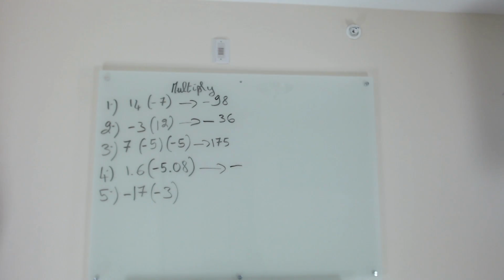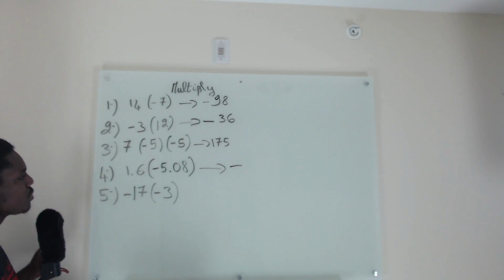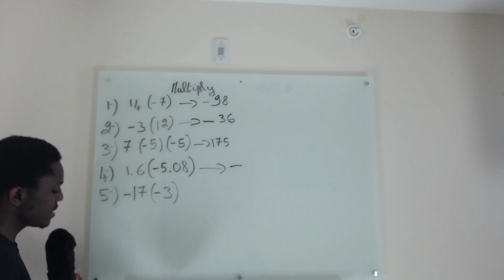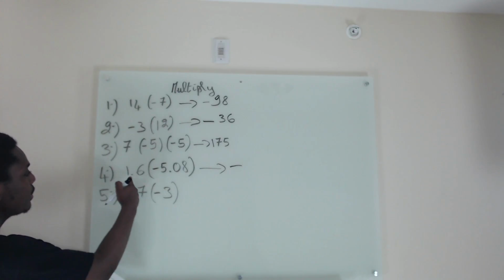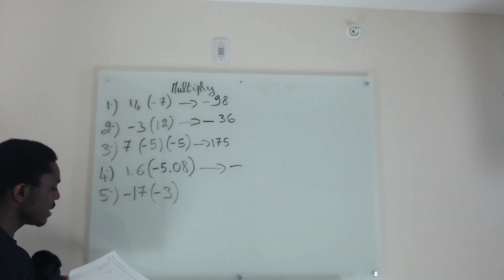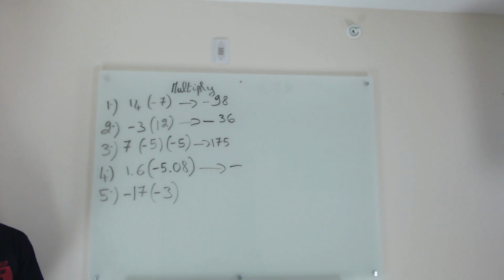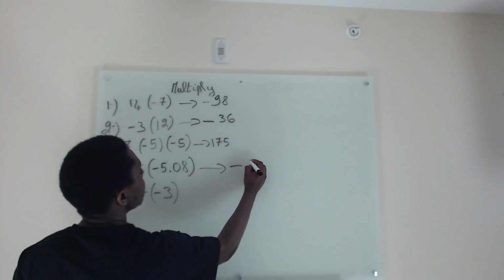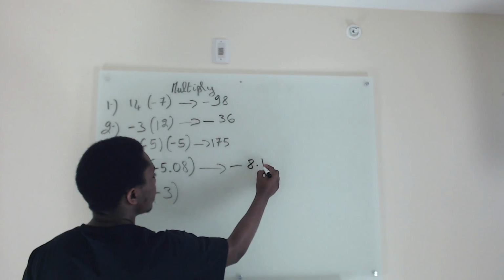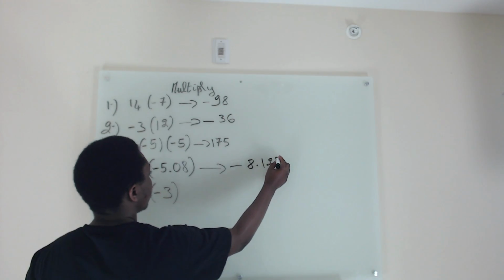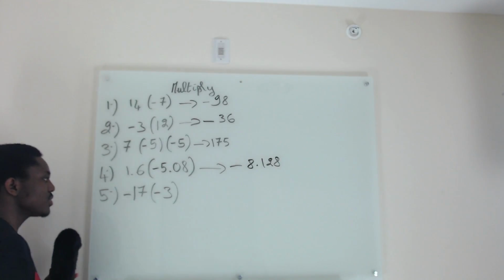Now 1.6 multiplied by 5.08 is 8.128. So that's the final answer.